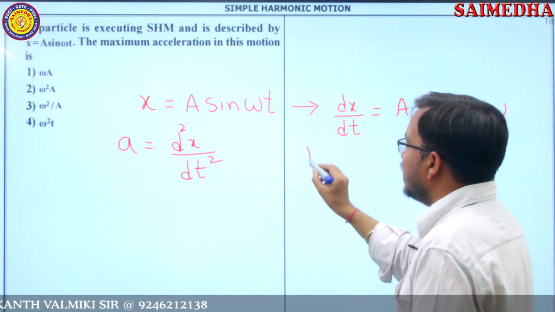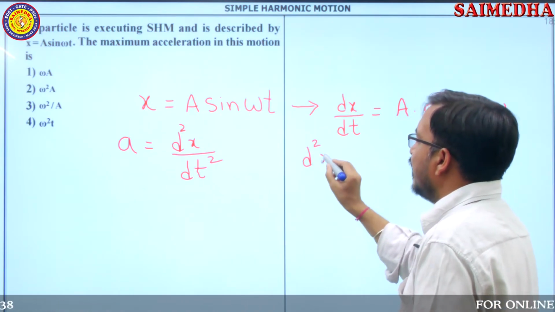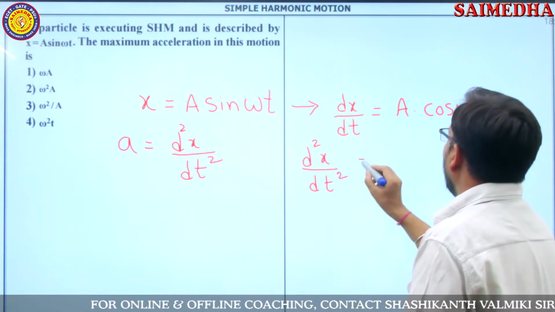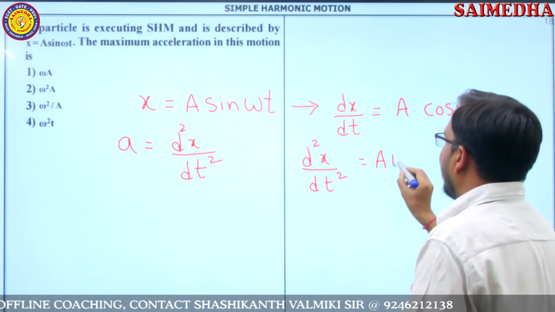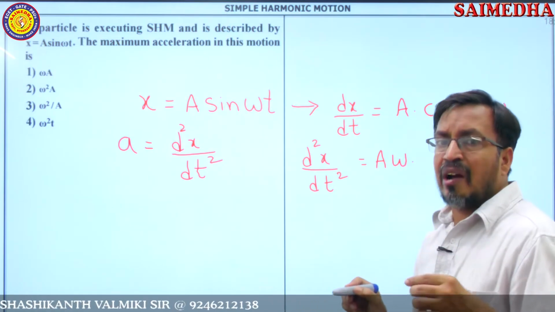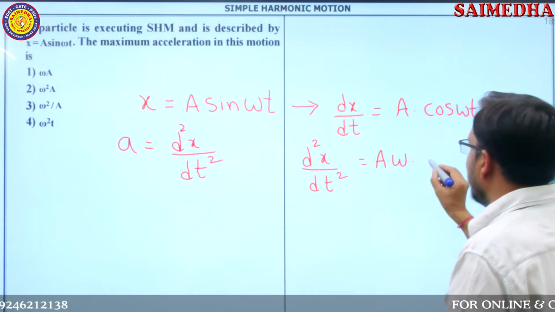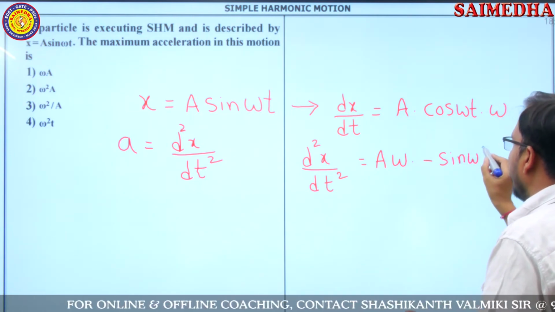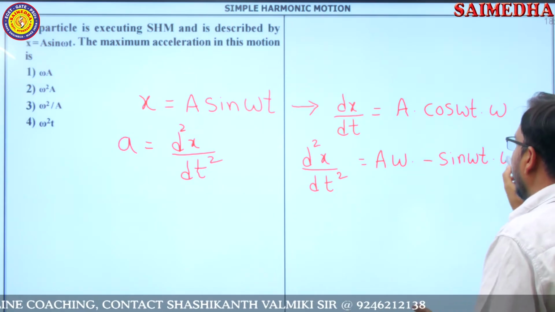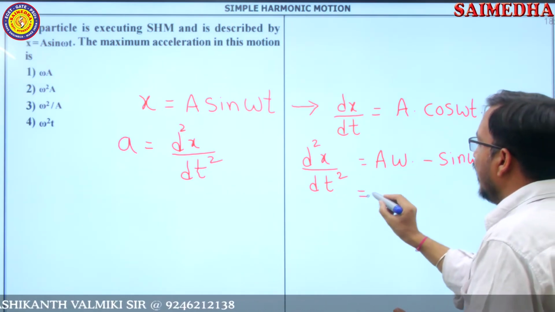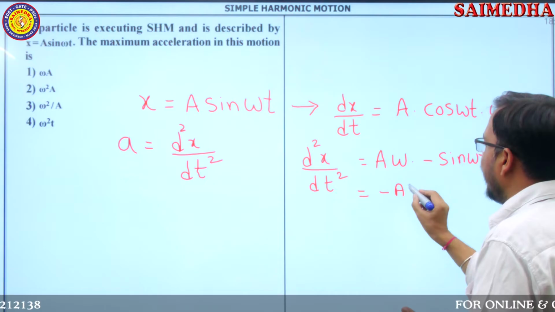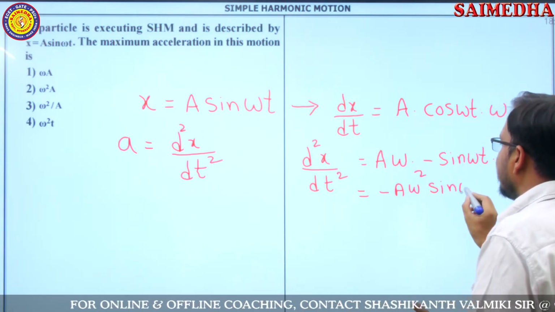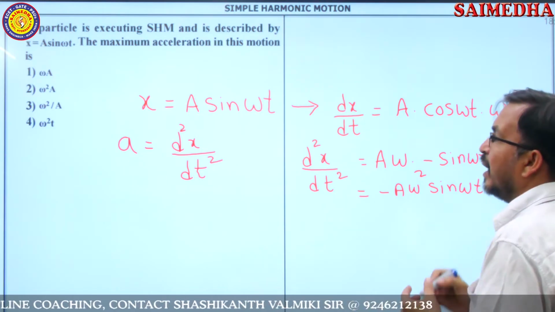Now, again I am differentiating with respect to time, d square x by dt square, which is a omega constant times the differentiation of cos omega t, that is minus sin omega t, into omega. Therefore, minus a omega square sin omega t.